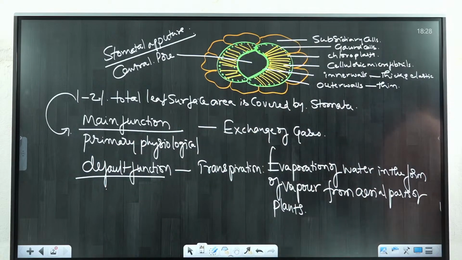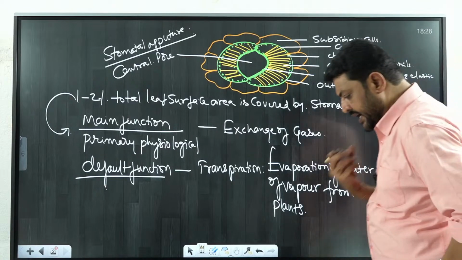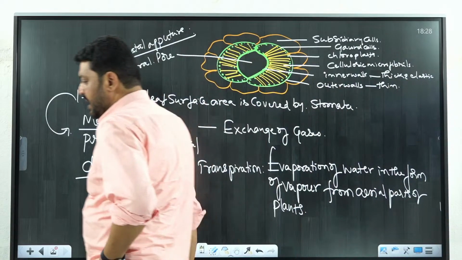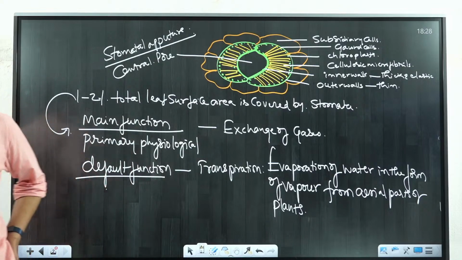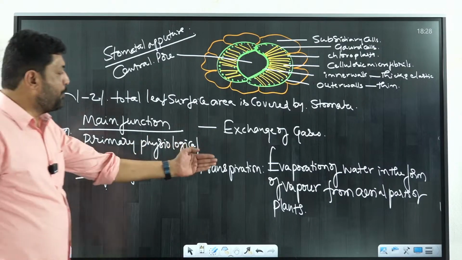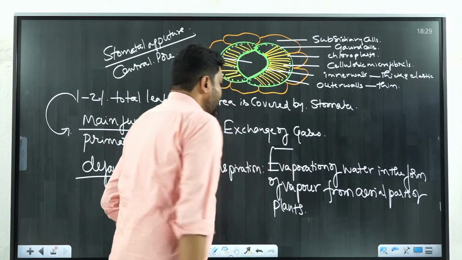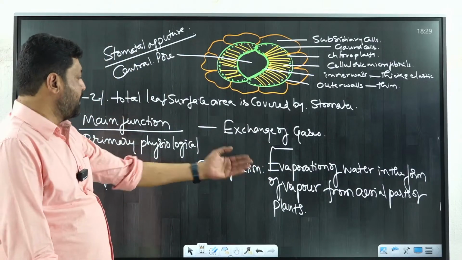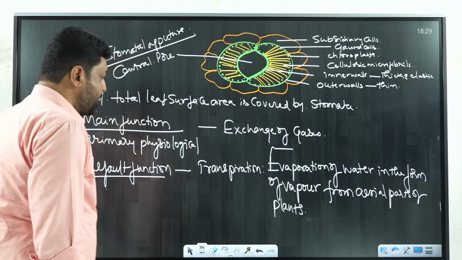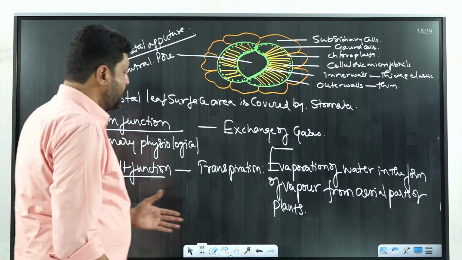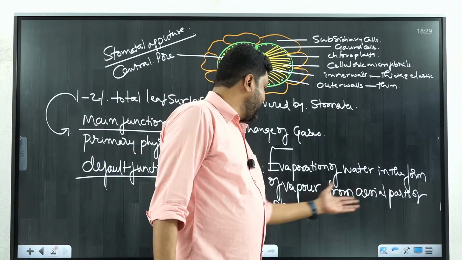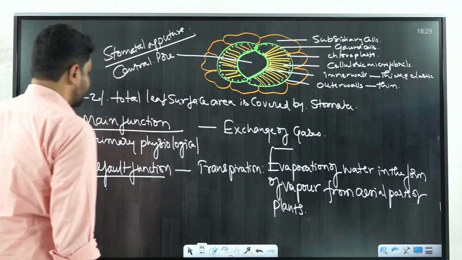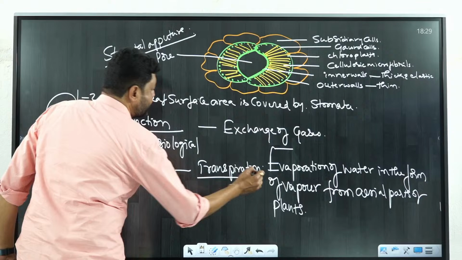Actually, stomata are not there for transpiration. As there is a pore, there is a chance of evaporation of water in the form of vapor from the aerial parts of the plants, which is called transpiration, and it is the default function.